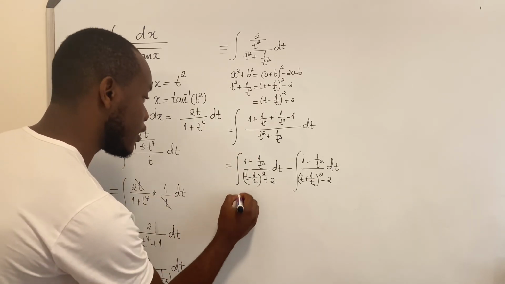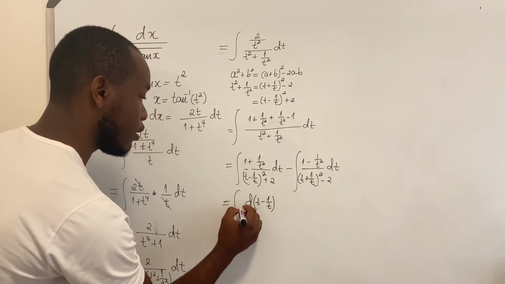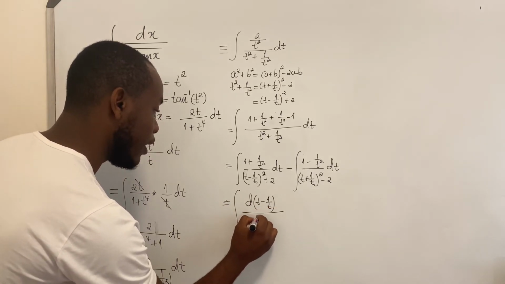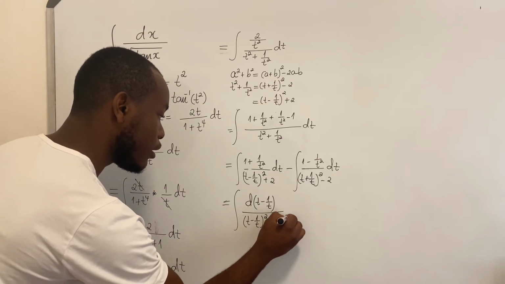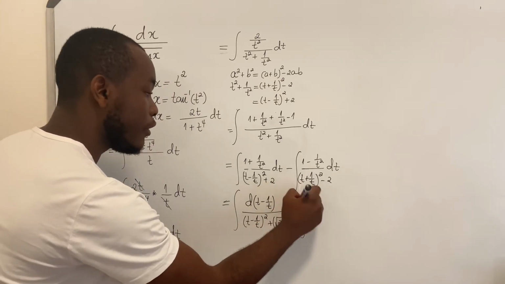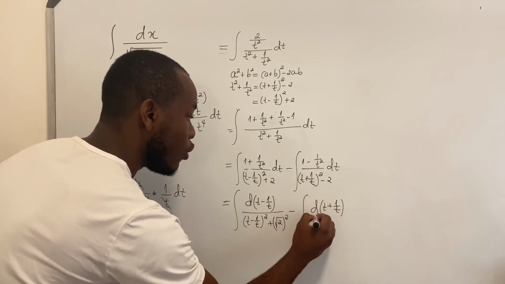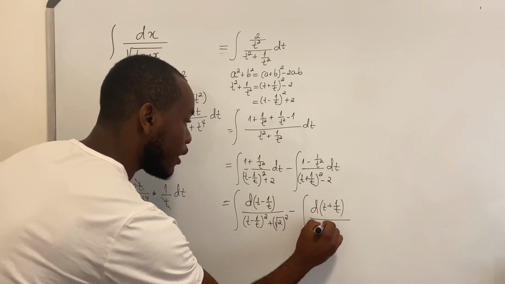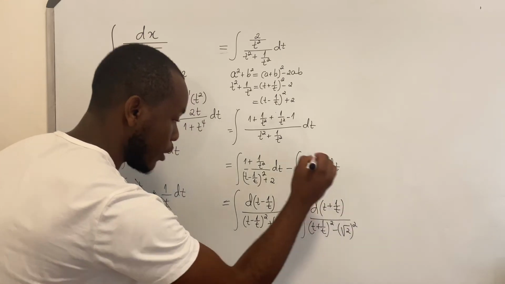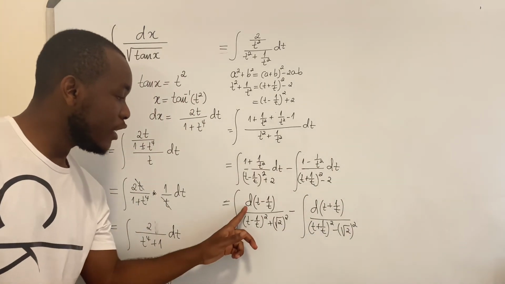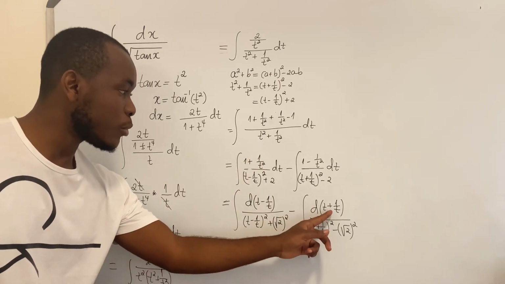So we can say now the derivative of t minus 1 over t over t minus 1 over t squared plus square root of 2 squared, minus integral, the derivative of this expression, which is this expression, t plus 1 over t over t plus 1 over t squared minus square root of 2 all squared. Okay, perfect, because if I derivate this expression, I get this expression. If I derivate this expression, I get this expression.